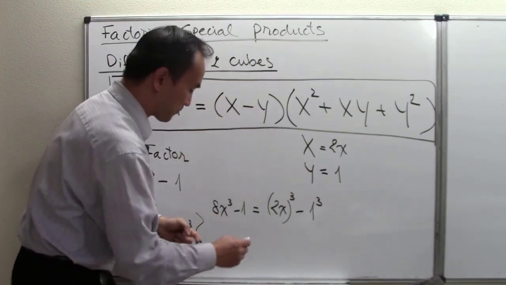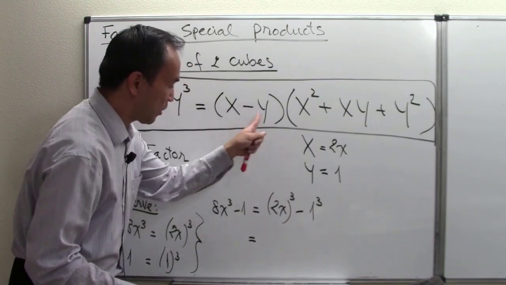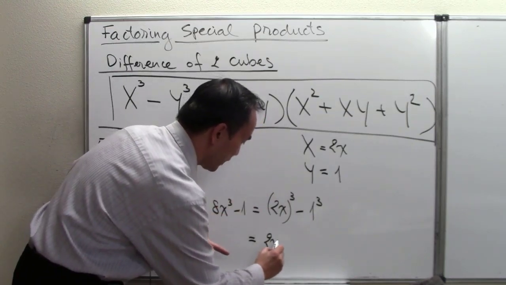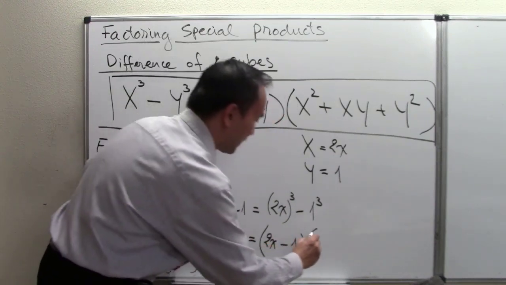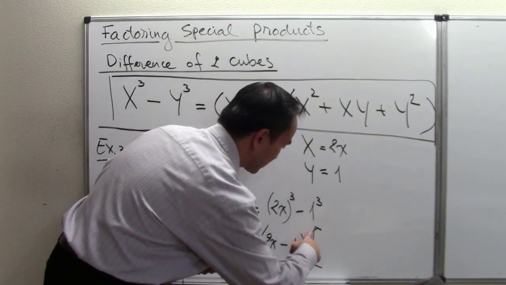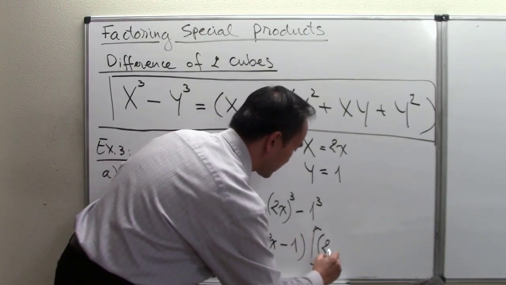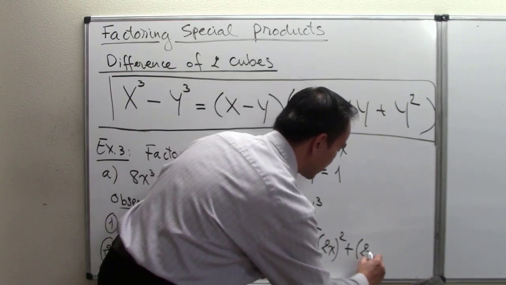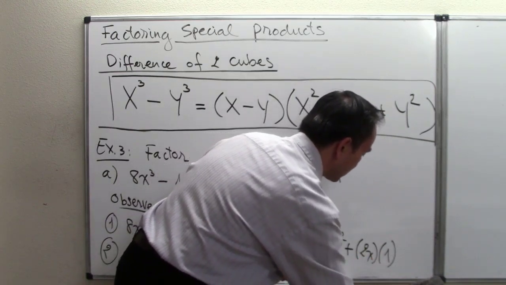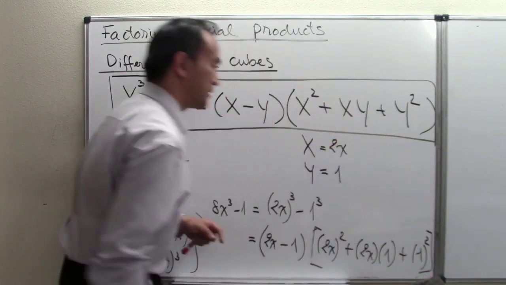And so now we can see that x minus y according to the formula, so x is 2x, minus y, minus 1. Okay. And then in parentheses, for now let's just write it as brackets right here. So the 2x being squared, plus now I have 2x multiplied with 1, and plus 1 all squared. All right.